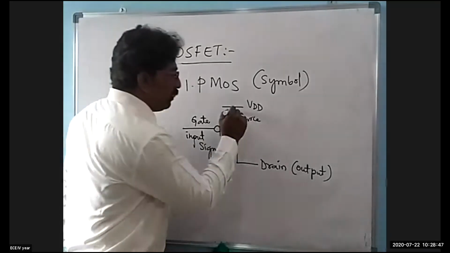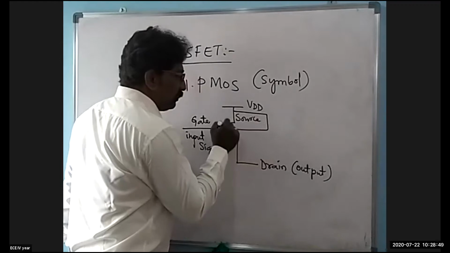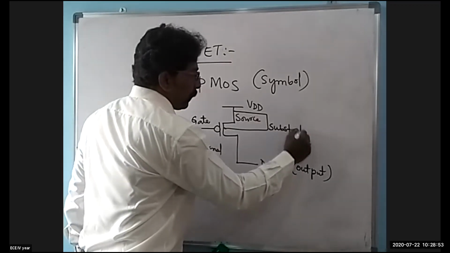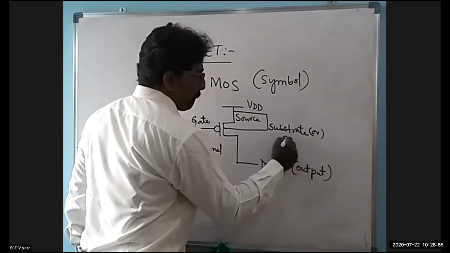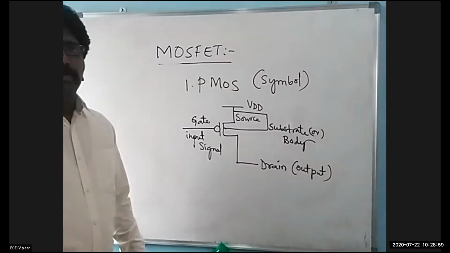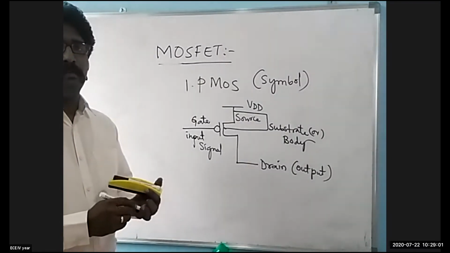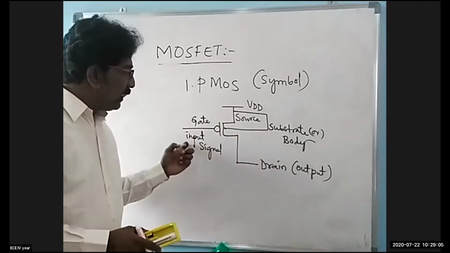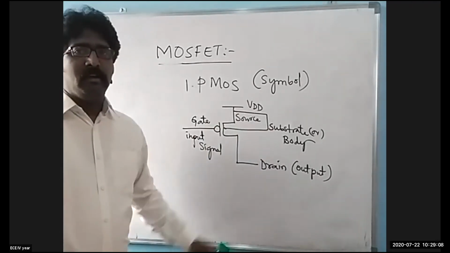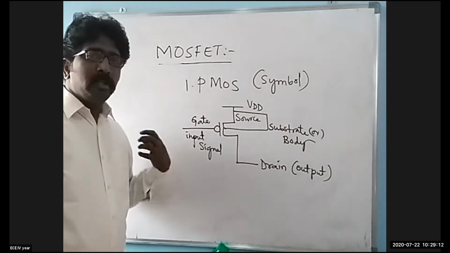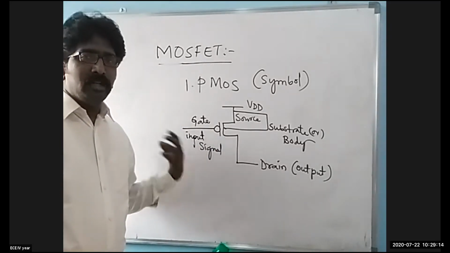So now I'll be connecting the substrate. This is your substrate or body. These are the 4 different terminals of a MOSFET: source, substrate, gate, and drain. Drain is the terminal where output is obtained, and gate is the terminal where your input is fed into the device.